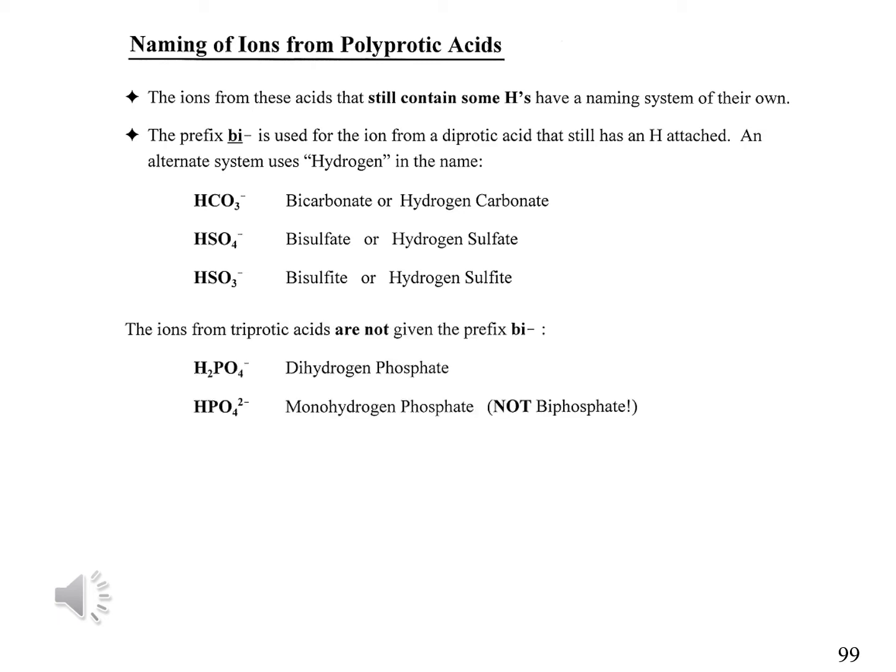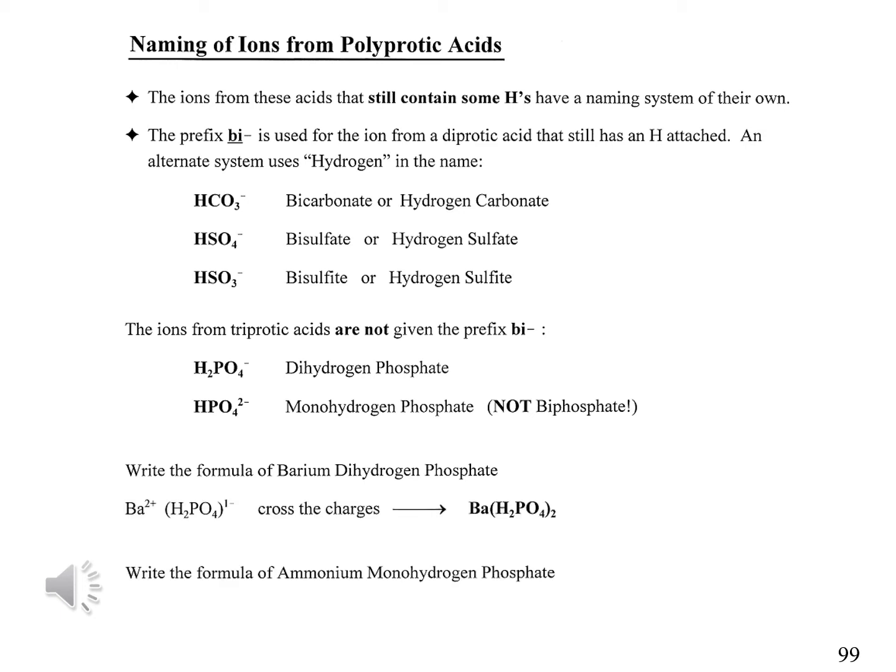The two ions that come from phosphoric acid have their own names. You can't call HPO4 2- biphosphate because it doesn't come from a diprotic acid and it would be ambiguous. They just call H2PO4- dihydrogen phosphate and HPO4 2- monohydrogen phosphate. If I ask you to write the formula of barium dihydrogen phosphate, you would do it exactly by crossing, just like you do any other ionic compound.